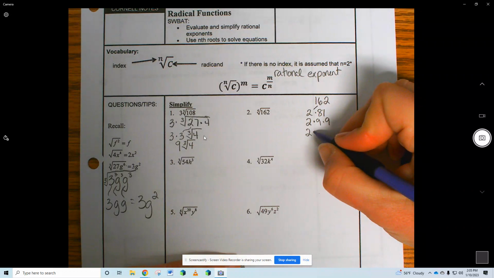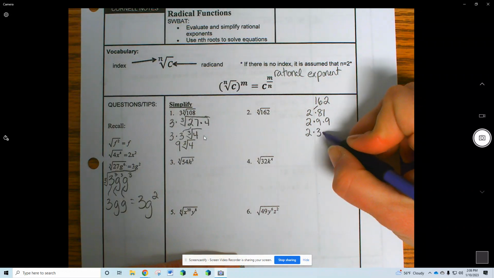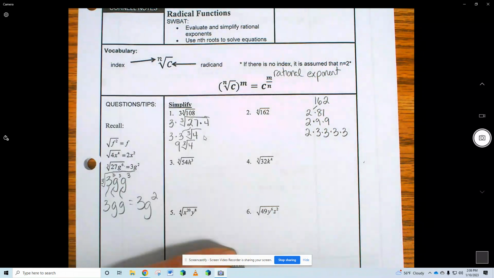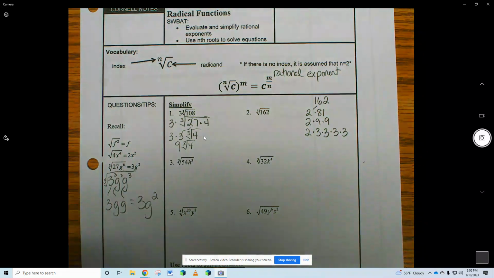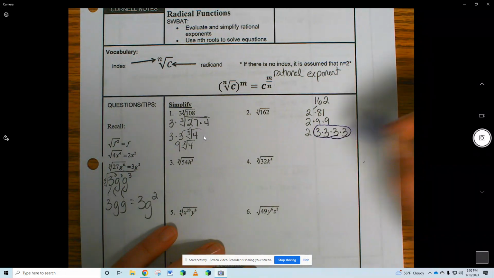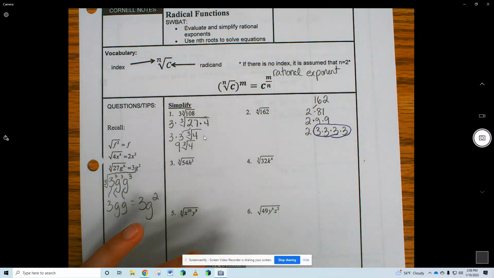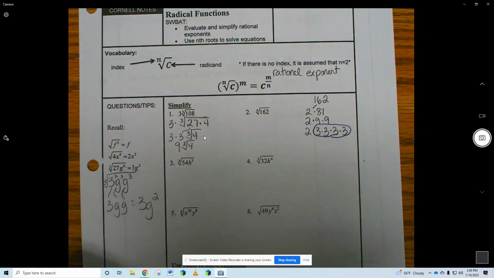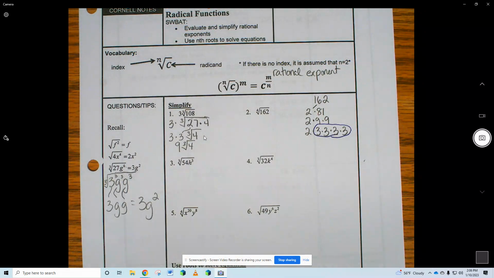I'm going to get it right here. 9 can be broken up. 3 times 3 is one of the 9s, and another 3 times 3 is the other 9. Now, I have this 4 times. That means that I can pull this out as a 4th root because it's the same number multiplied 4 times. The 81 is a 4th root. It's 3.